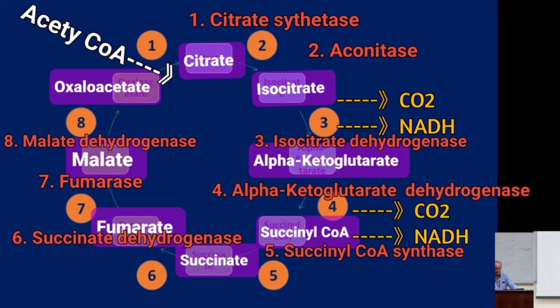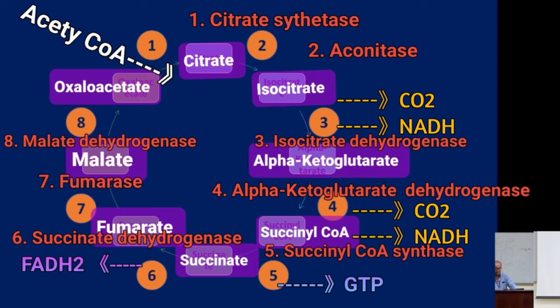So think about it, you've oxidized the 2 carbons of acetyl-CoA. Succinate thiokinase or succinyl-CoA synthase is the enzyme that breaks this bond to CoA, generating enough energy to synthesize GTP.